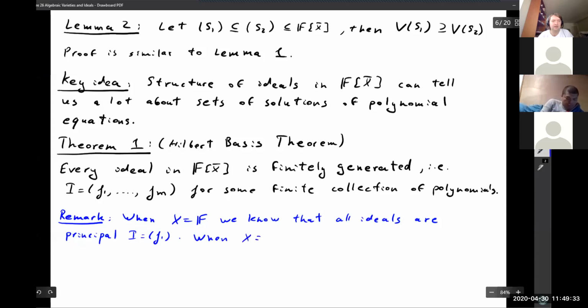When X equals F to the 2, this is no longer true.